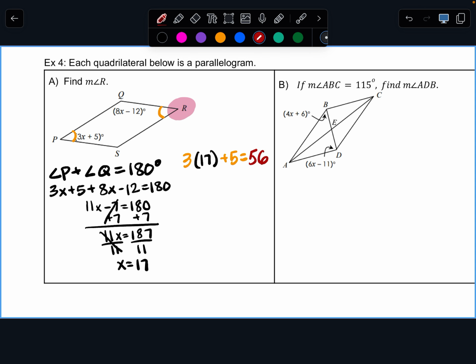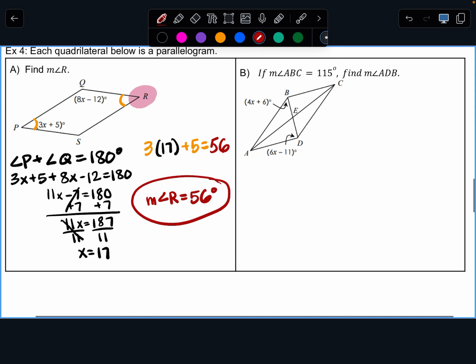That's 56. So our answer is the measure of angle R is 56 degrees. Remember, you're putting the degrees symbol anytime you're giving the measure of an angle, but don't put the degrees symbol if you're giving me the length of a segment.